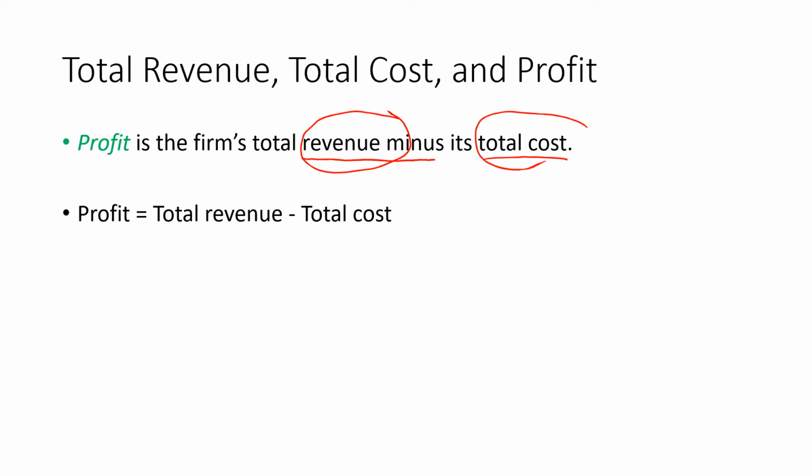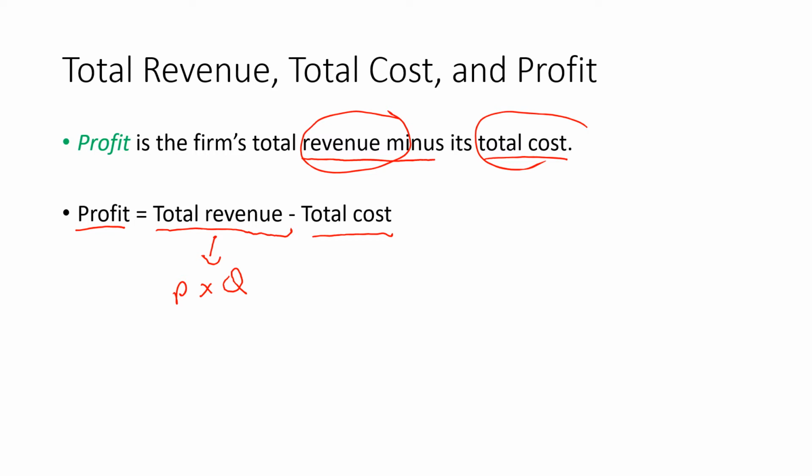So in mathematical form, we can write it as profit equals total revenue minus total cost. Now we can also define total revenue as simply the price of the specific good multiplied by the quantity sold of that good.